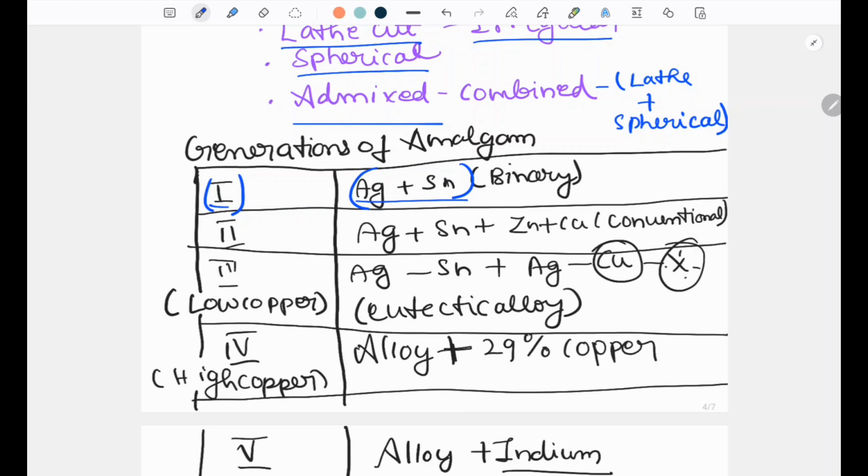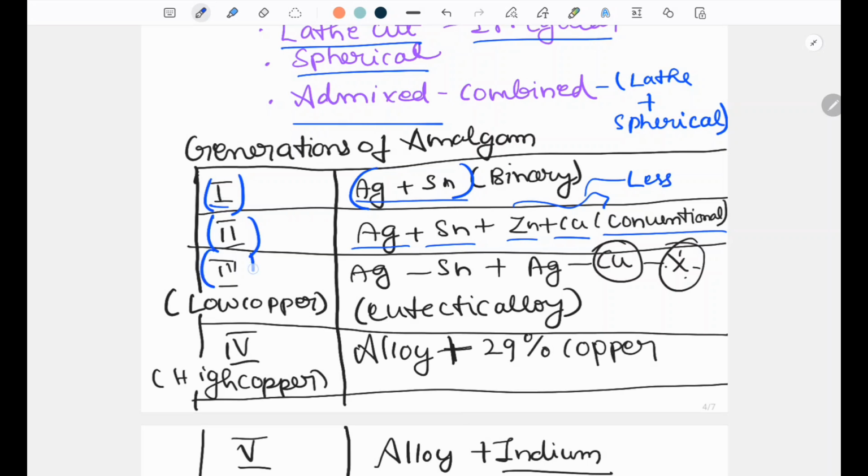It's the most primitive, where there is not much zinc or copper, and it's actually not used much. Then we have the second generation, where silver, tin, zinc and copper are present, which is conventional, where copper and zinc are less.